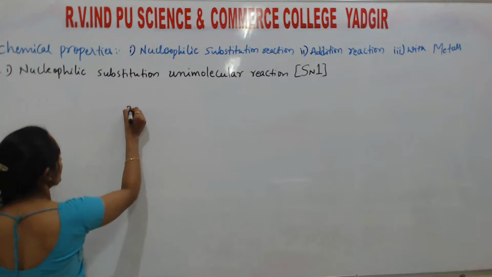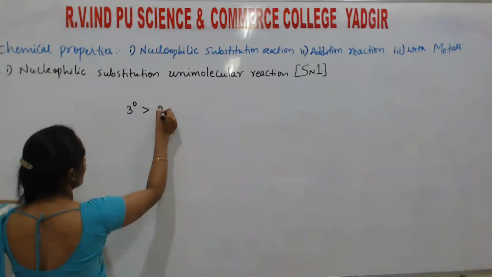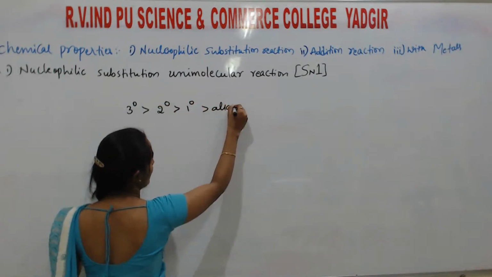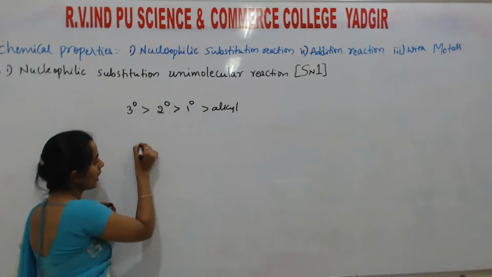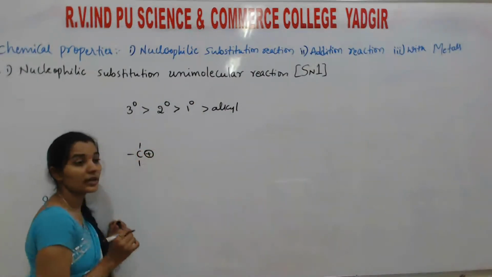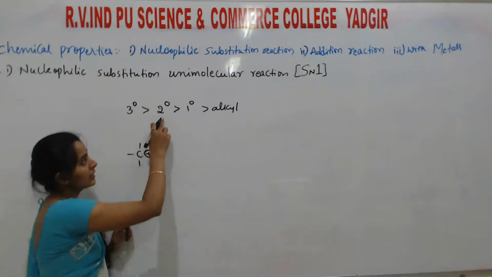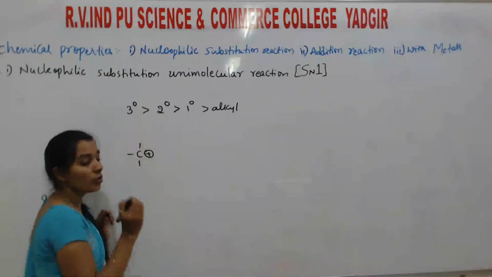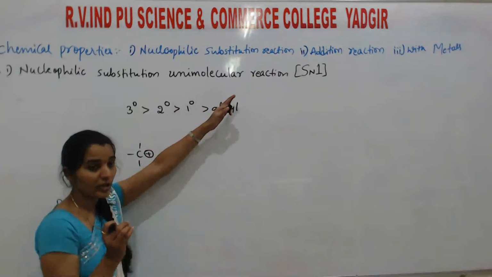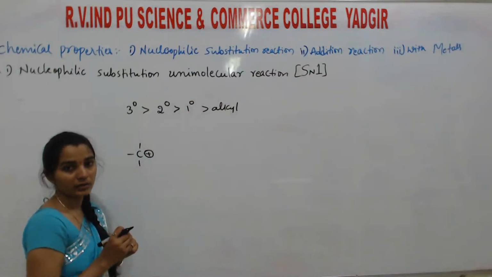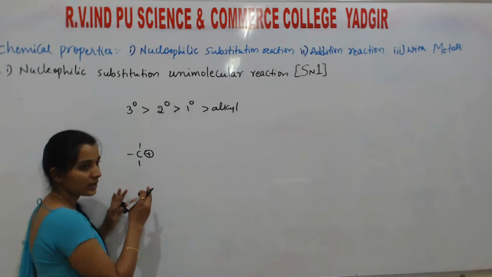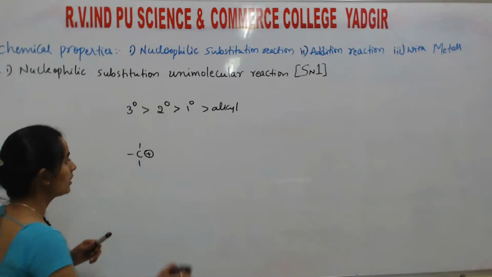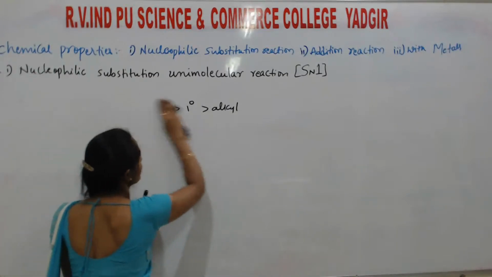That is, tertiary is more reactive towards SN1 than secondary, than primary, than alkyl. Why? Because among carbocations, the tertiary carbocation is highly stable. This is less stable. So due to that, tertiary alcohols more preferably undergo SN1 reaction than SN2 reaction. Why can SN2 reaction not happen? Why does it form only SN1 reaction? I will explain later, after explaining SN2.